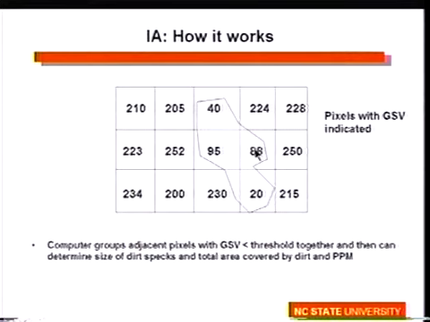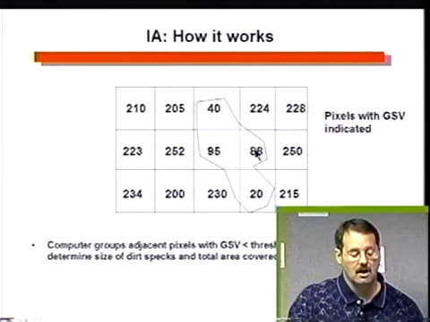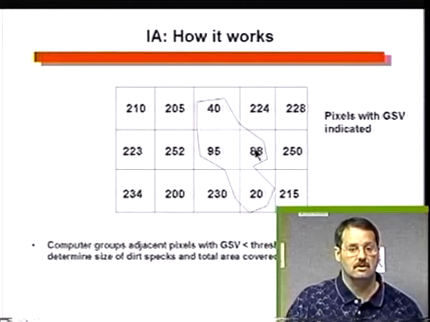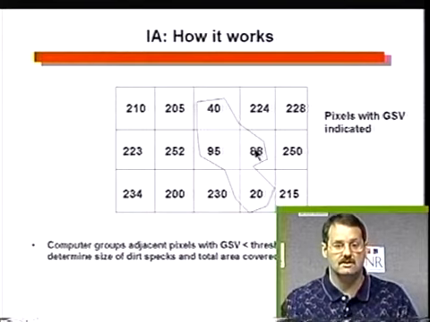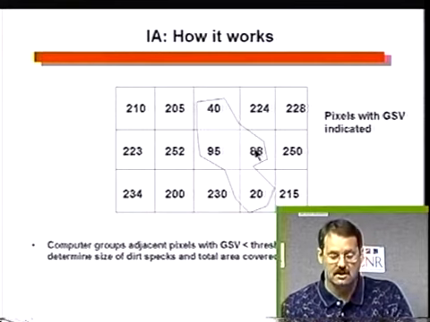So this automatic image analysis will not only detect the parts per million, but it'll also detect the size of the particles. And I should mention that you can also put in a rule that says, okay, only count dirt particle sizes greater than 0.04 millimeters or whatever you want. If you want to look at dirt particles that are lower than that, you can even tell the computer to do that.